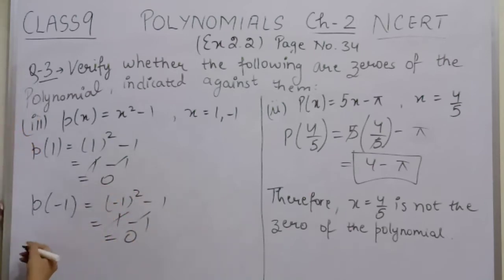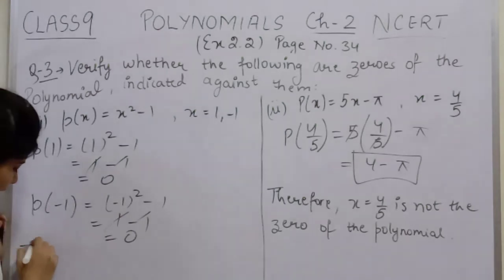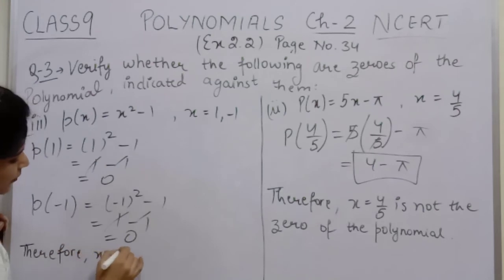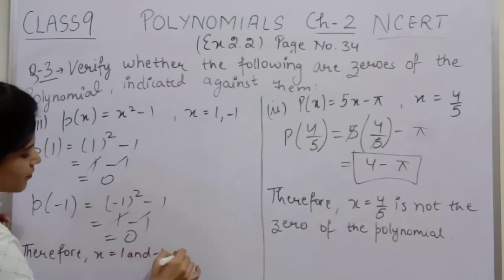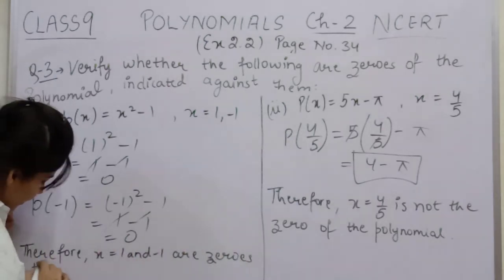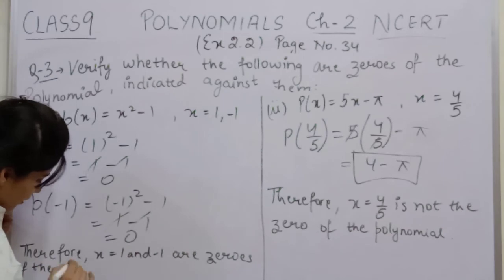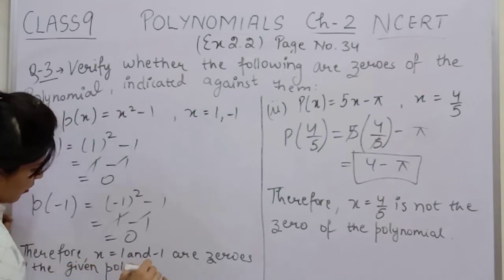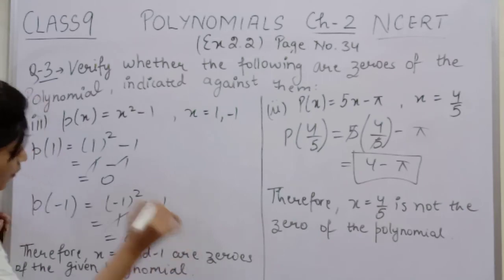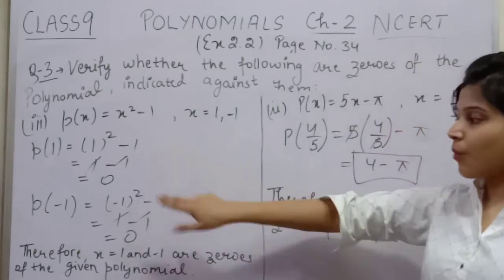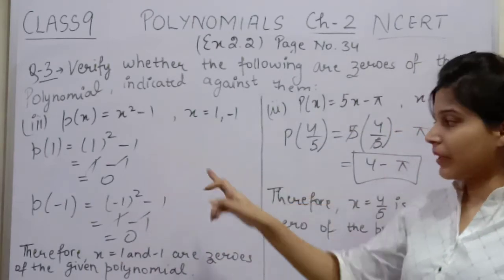It means we can write therefore x equals to 1 and minus 1 are zeros of the given polynomial. ठीक है. तो यहाँ पे हमने दोनों के लिए check किया, x equals to 1 and x equals to minus 1. दोनों में 0 आ गया.